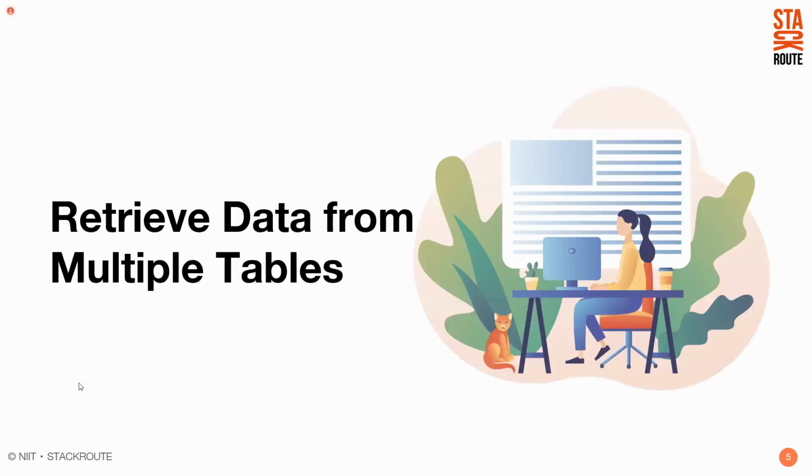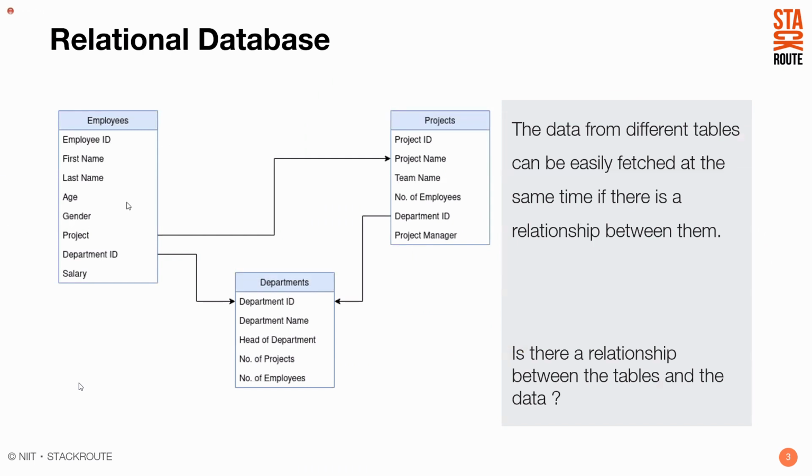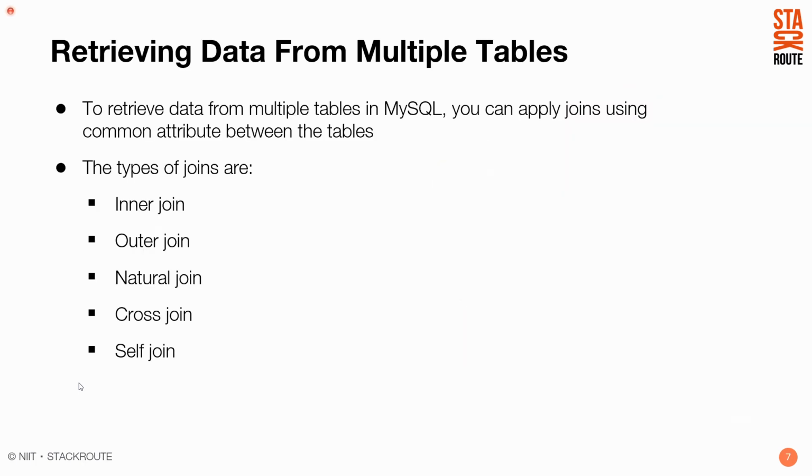I may have employees with 10 departments, but the department table has 20 departments. Whichever employee's department ID matches the department's department ID, those 10 matching records alone will be displayed. So both tables should consist of the same column and the same data. Only if the data matches will it retrieve the record.